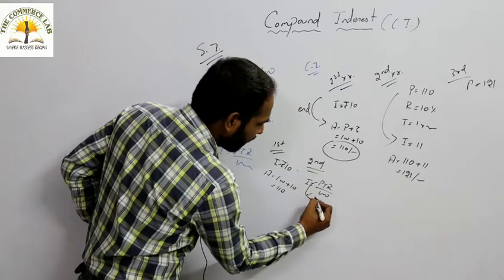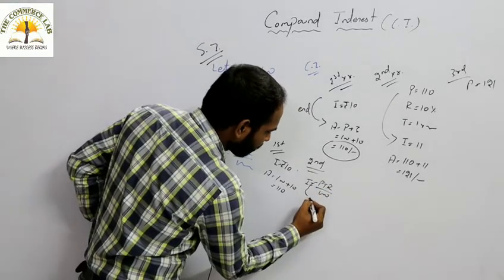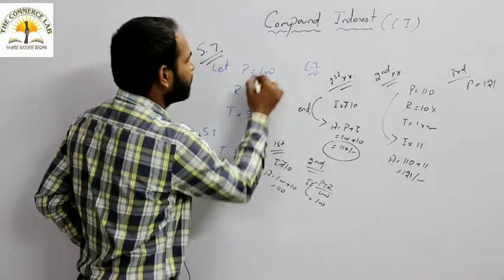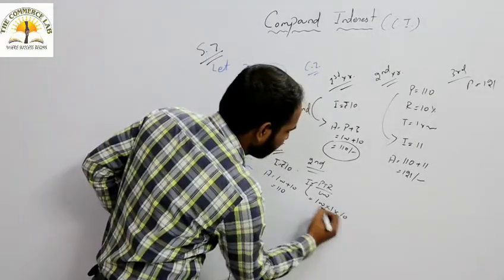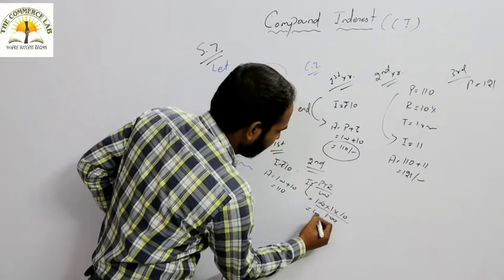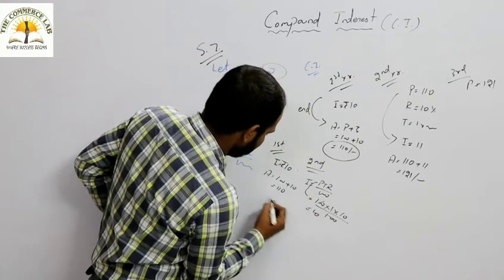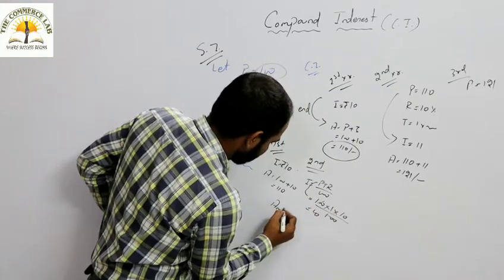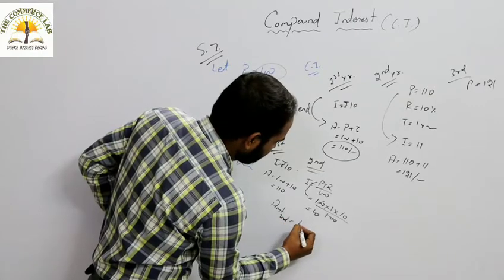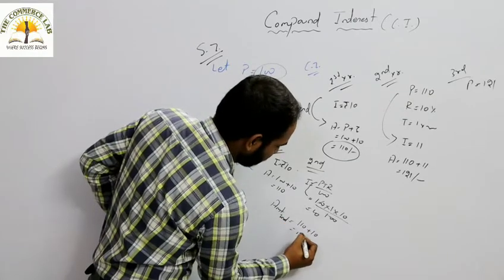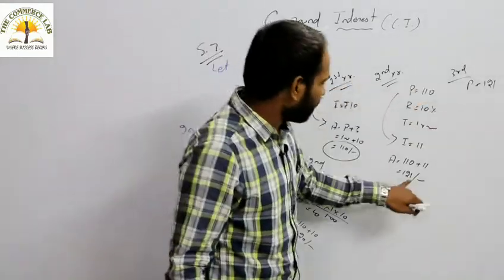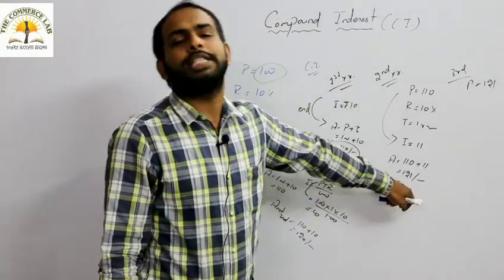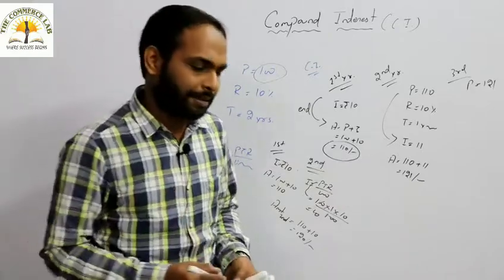P is 100 because principal remains the same. 100 into time period 1 into 10 by 100, again 10. So the amount at the end of the second year is 110 plus 10, 120 in SI, but in CI the amount becomes 121. So this is the difference between CI and SI.